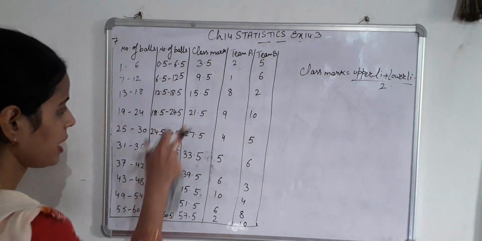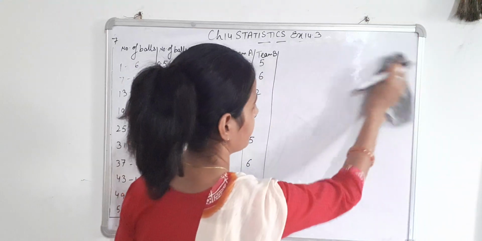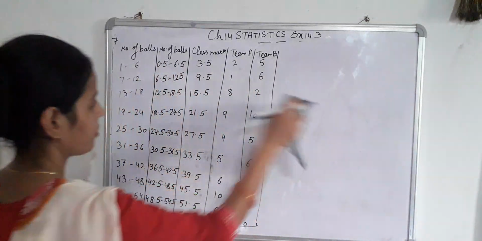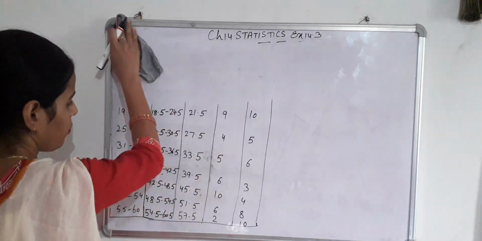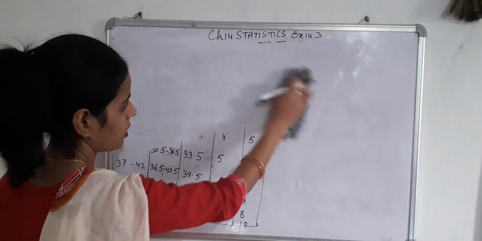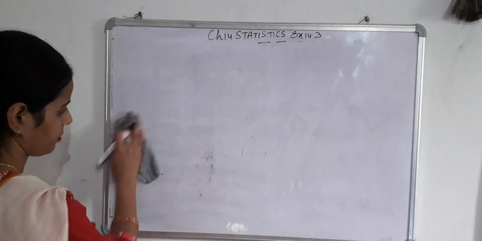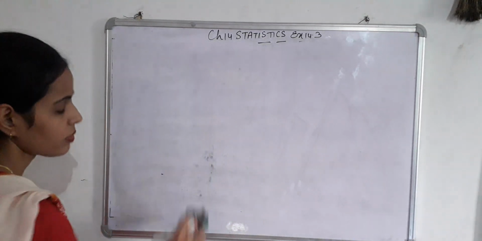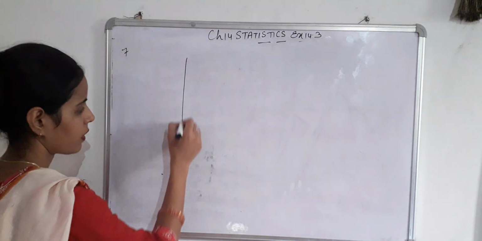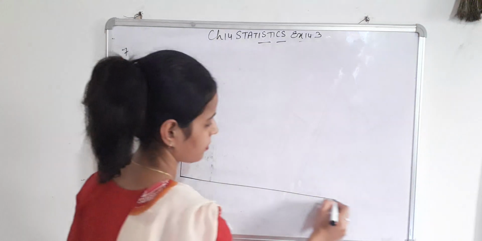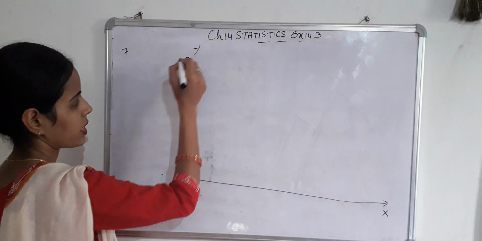First, may I erase this frequency table, and then draw the frequency polygon. Frequency polygon for question number 7. X-axis, Y-axis.